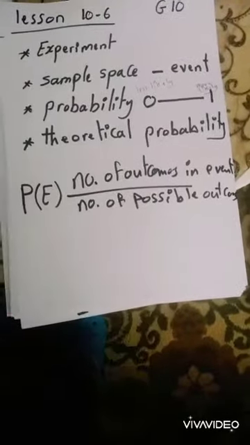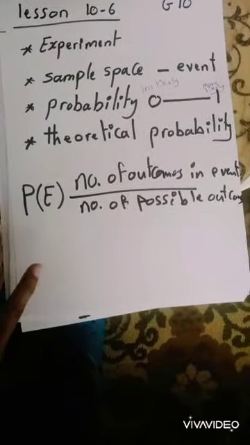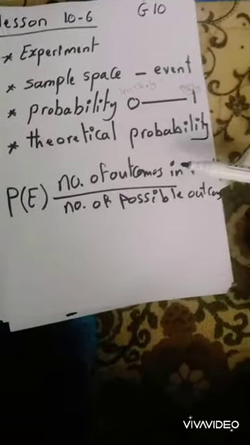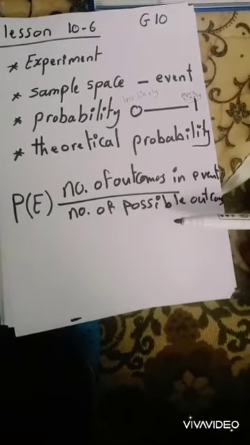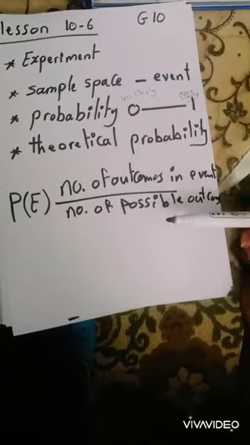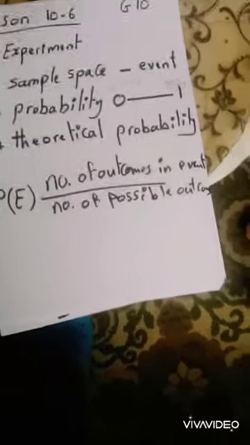Again, what is the theoretical probability? The theoretical probability is a ratio of the number of the outcomes in the event to the number of all possible outcomes.